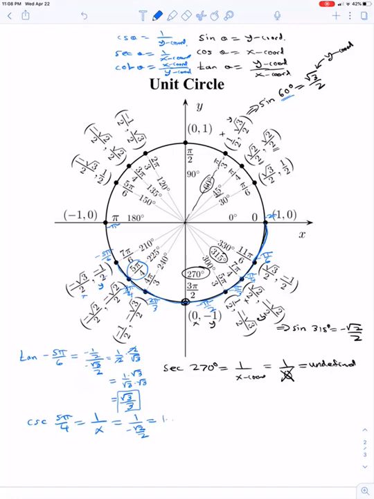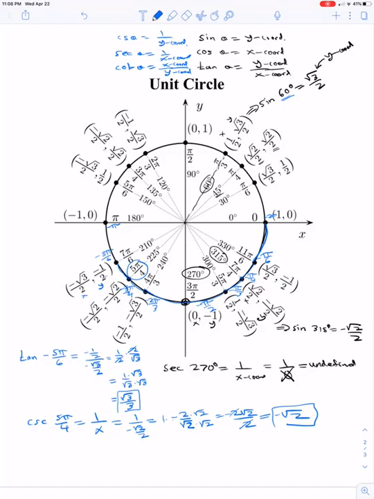So we go ahead and rationalize. We flip, multiply by the reciprocal, and then as we rationalize, we end up with negative 2 square root of 2 over 2, which is negative square root of 2. There's the cosecant of 5 pi over 4.